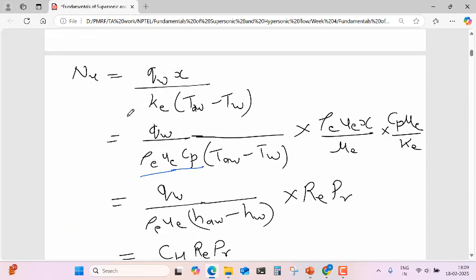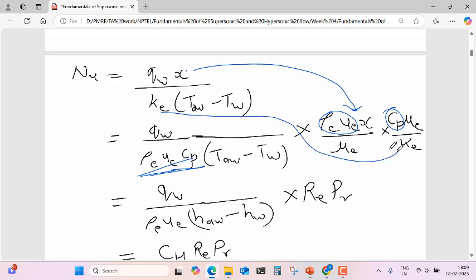So I divide numerator and denominator by rho e Ue into Cp. The x term I have taken here, and this K is taken here, and I have also multiplied and divided by mu.